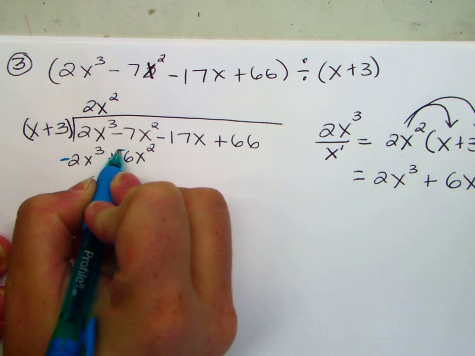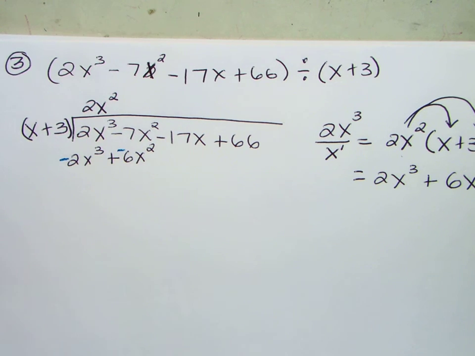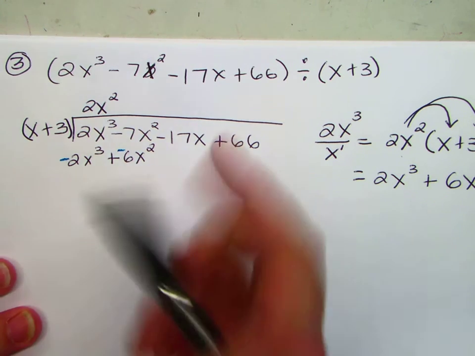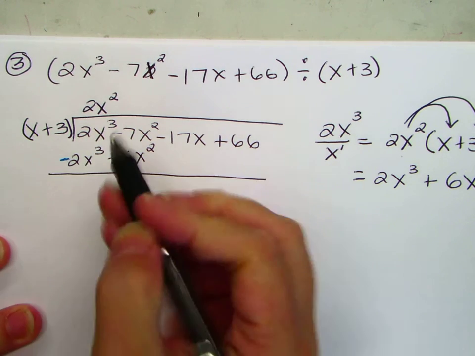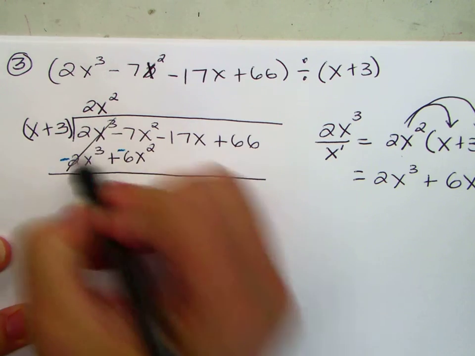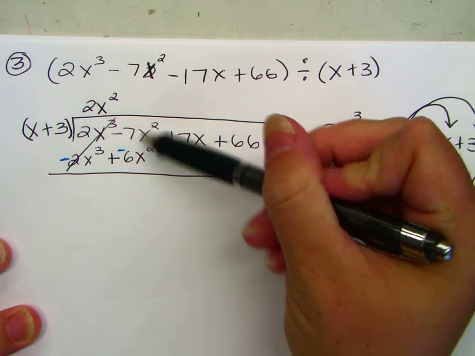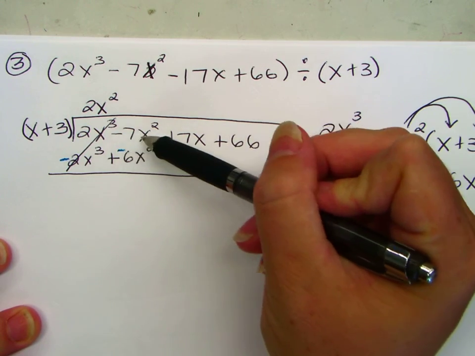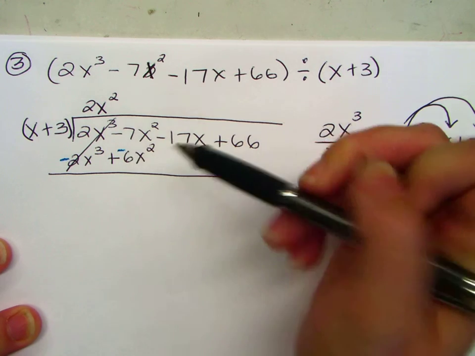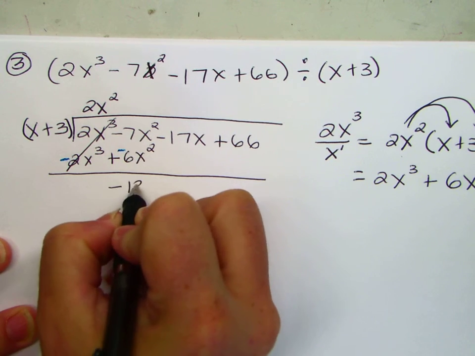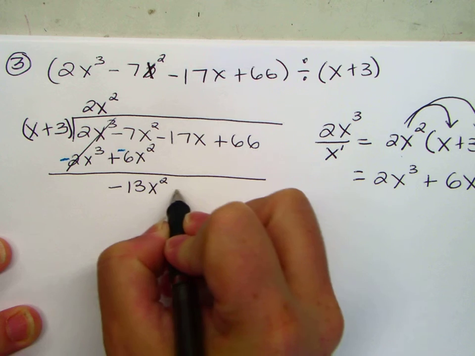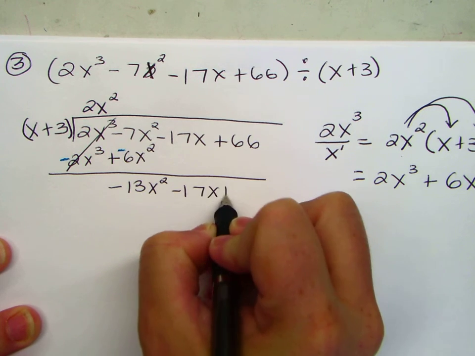Think of it as changing the sign. So I'm going to put 2 minuses. Change the sign of both the terms. Now this first term should always cancel out. And then we're combining these together. Negative 7x squared and negative 6x squared gives you negative 13x squared. Now I'm going to bring everything else down and repeat.